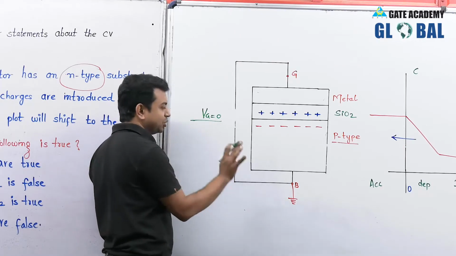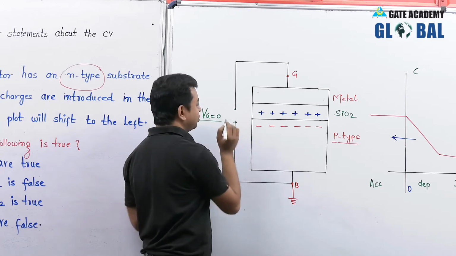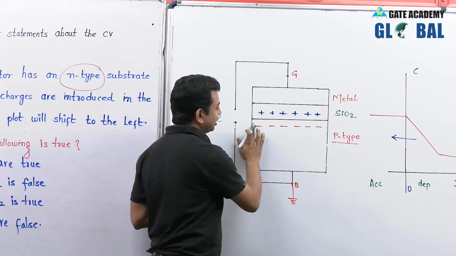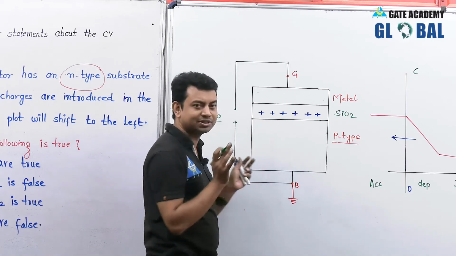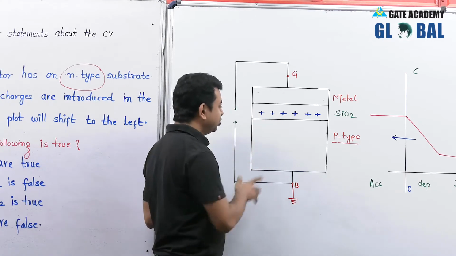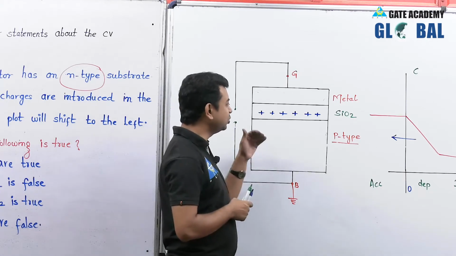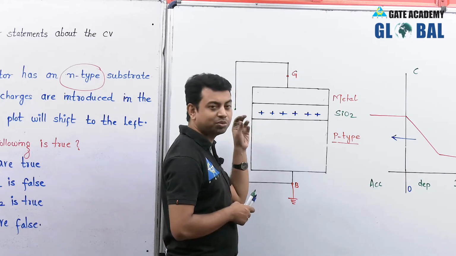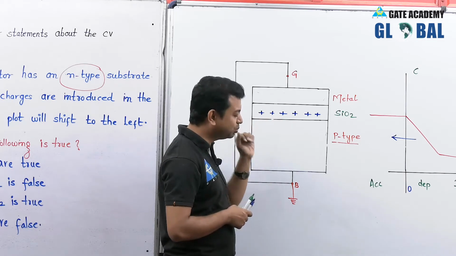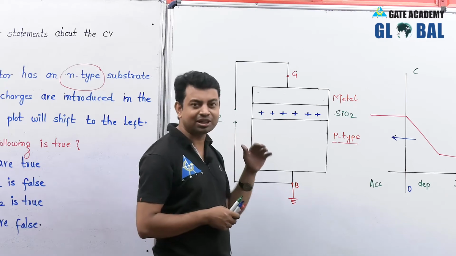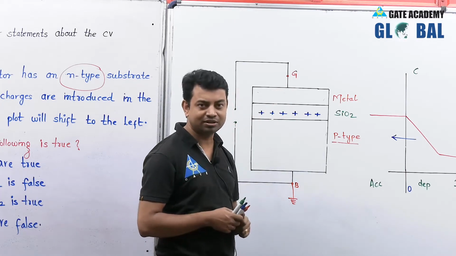If you are not applying a potential and we have introduced some positive charges in the silicon dioxide layer, these positive charges have to be compensated with negative charges either on the metal side or on the semiconductor side.